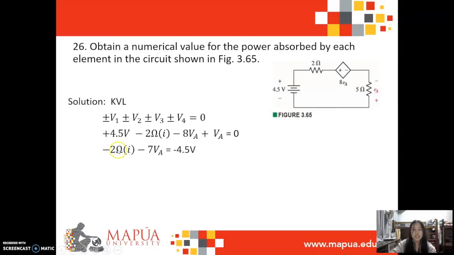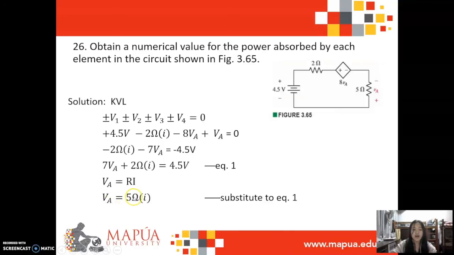So we have negative 2 ohms times current minus 7 VA is equal to negative 4.5 volts. Simply, we have 7 VA plus 2 ohms times current is equal to 4.5 volts. So this will be our equation 1. For the next equation, we will get the voltage across this resistor. So we have VA is equal to resistance times current.